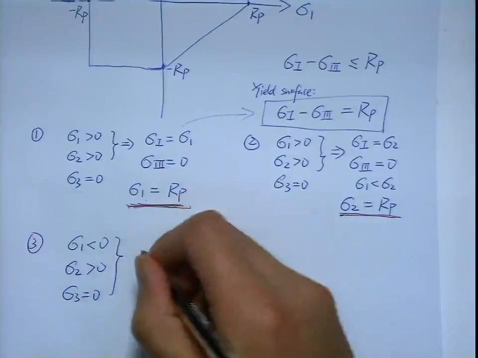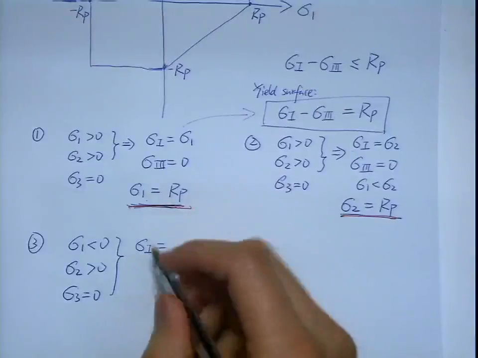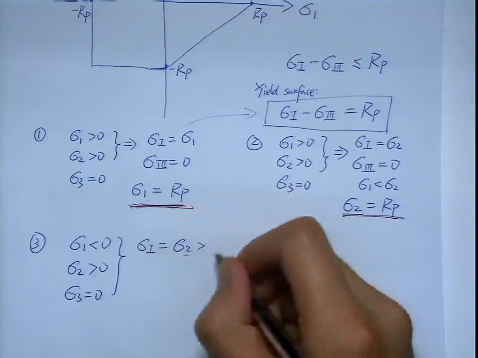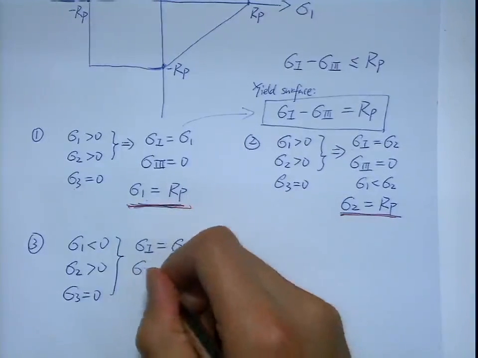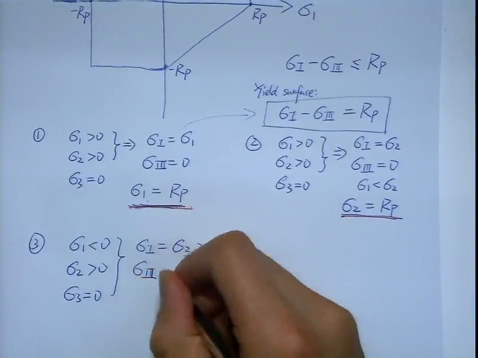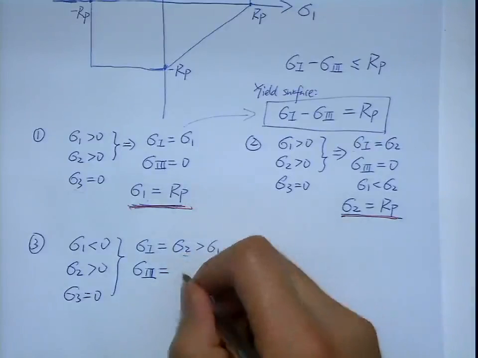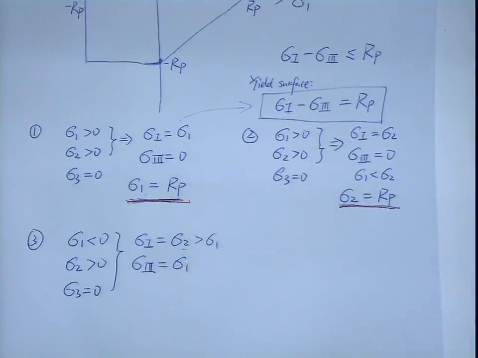So this is to work out the principal stress. Principal stress 1 equal to sigma 2 because that is larger than sigma 1. It's positive. Sigma 3 now is not 0 because you need to consider the negative one, which is sigma 1 here.